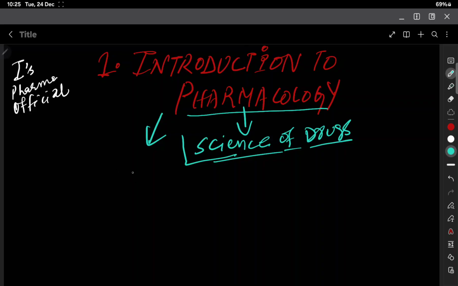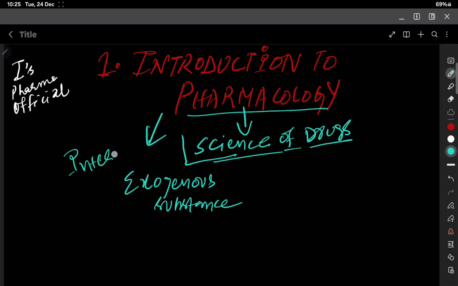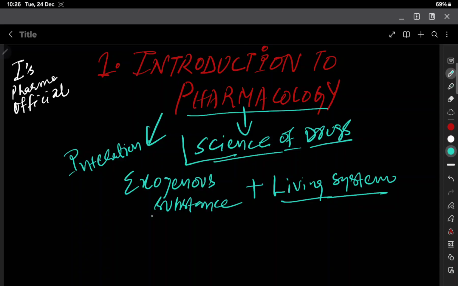There will be interaction between an exogenous substance, which will be administered from the outside. This exogenous substance will be a chemical molecule, and this will interact with the living system, the human body.